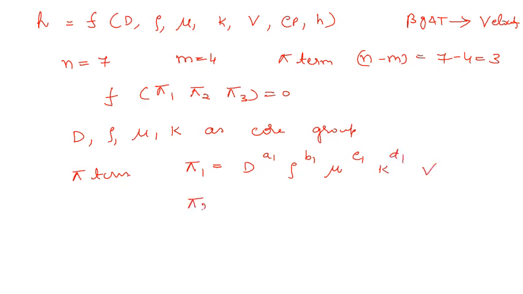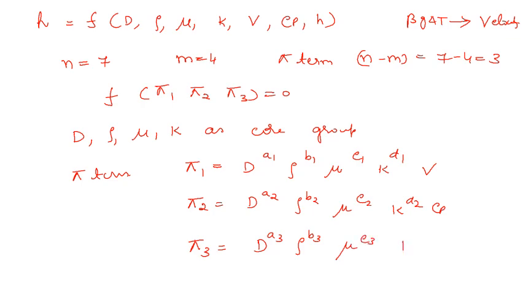Similarly, phi 2 equals d to the power a2, rho to the power b2, mu to the power c2, k to the power d2 and Cp. Similarly, phi 3 equals d to the power a3, rho to the power b3, mu to the power c3, k to the power d3 with the h value.